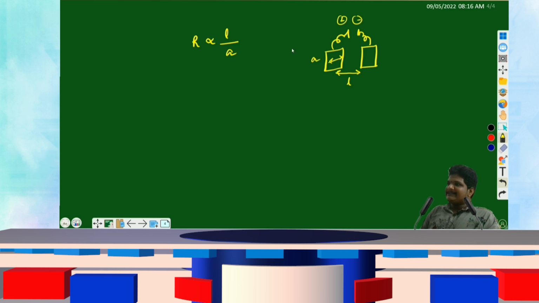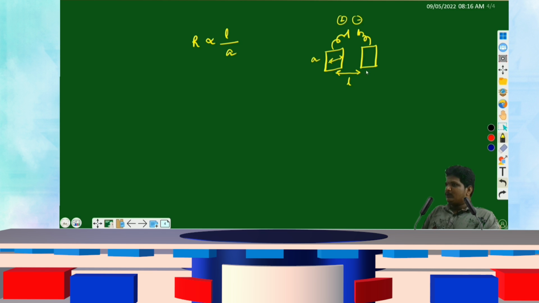Okay, so the resistance of this conductor is directly proportional to the length of the electrode, which is nothing but the distance between the two electrodes.